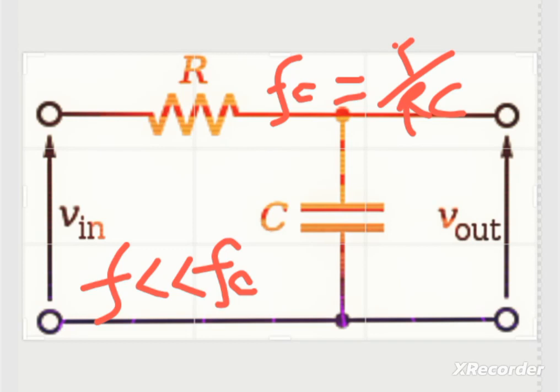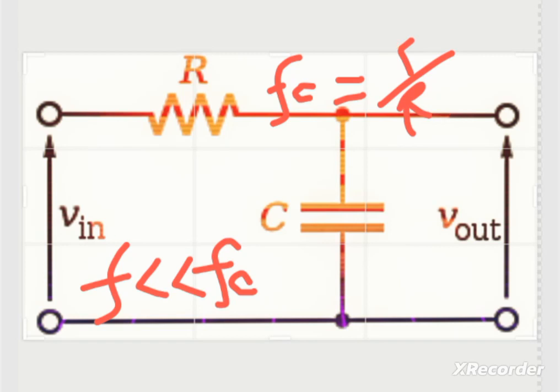So if the impedance offered by this capacitor is extremely high, this capacitor acts as an open circuit. That means your signal V in gets transferred and appears at the output directly. There is no rejection of the input signal.